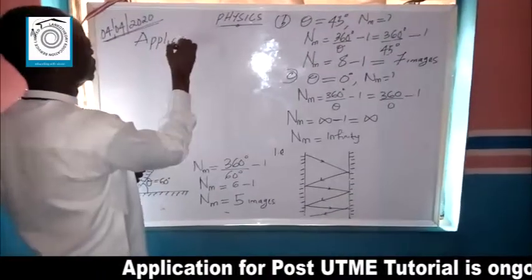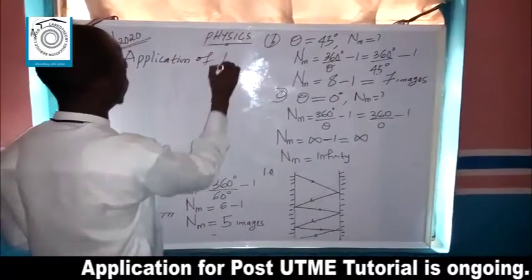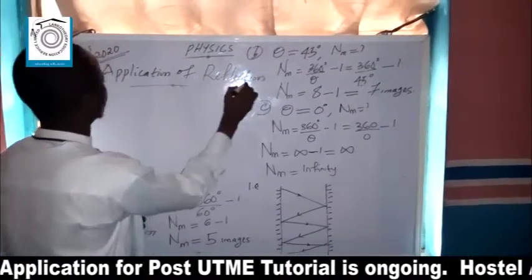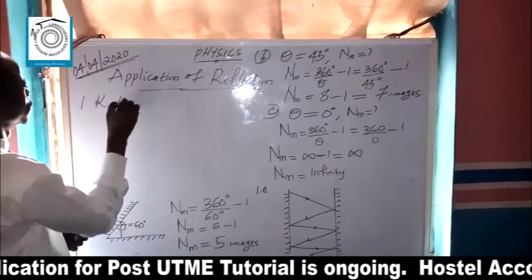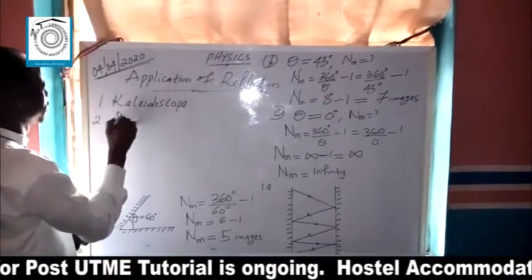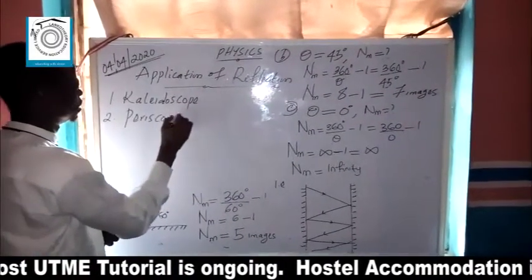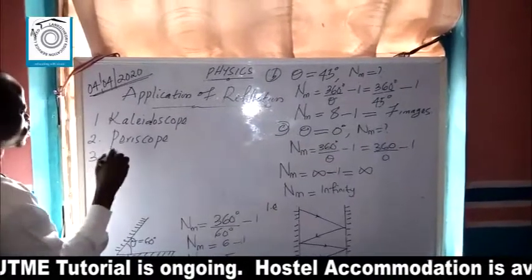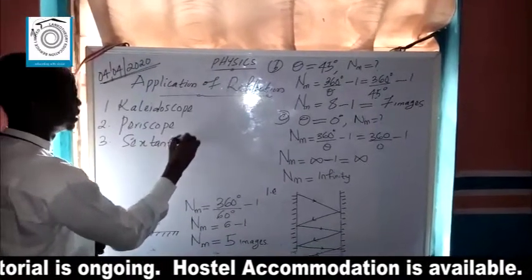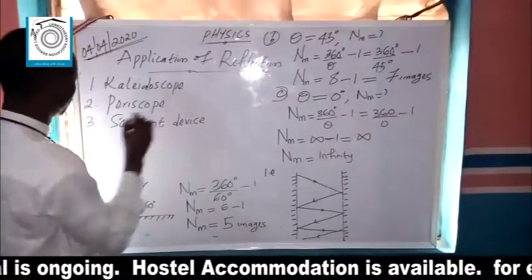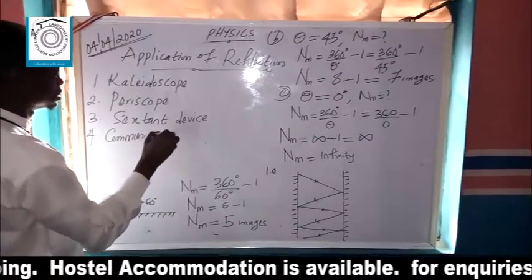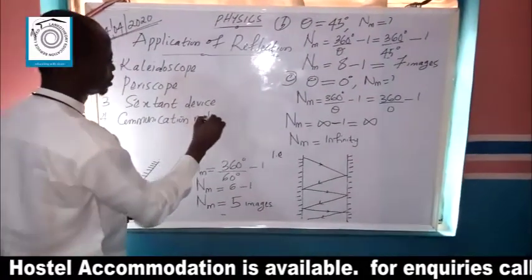Reflection is used, 1, in making the kaleidoscope. 2, in making the periscope. 3, it is used as a sextant device. 4, it is also used in communication networks, so it is known as a communication network.